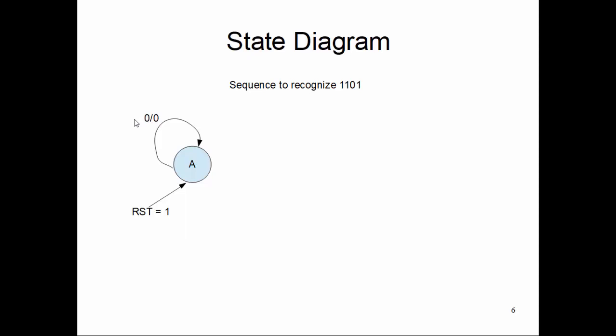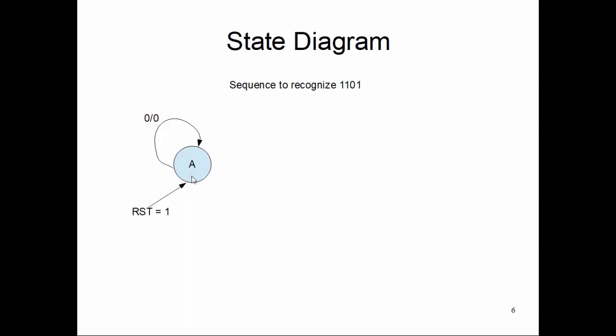Similarly, after the forward slash, this bit is what Z is at this condition. If there are more outputs, we'll see 2 or 3 bits after the forward slash. So before the forward slash is the input bit pattern, and after the forward slash is the output bit pattern.